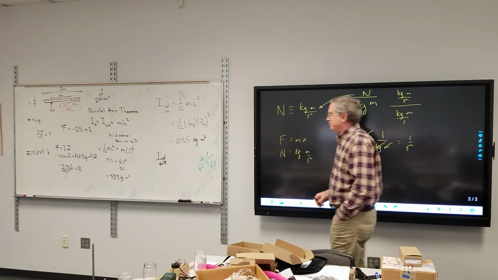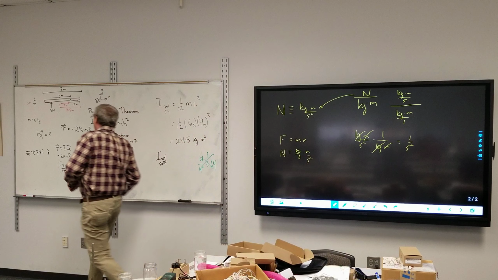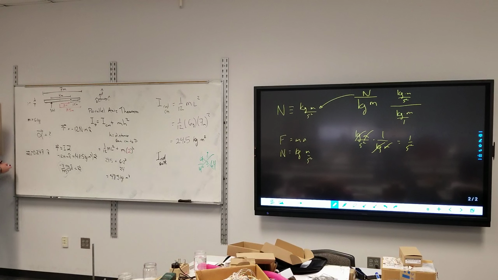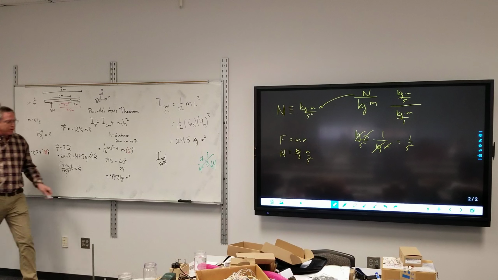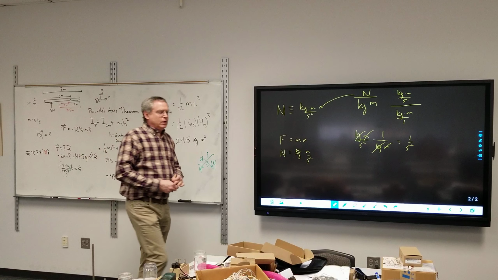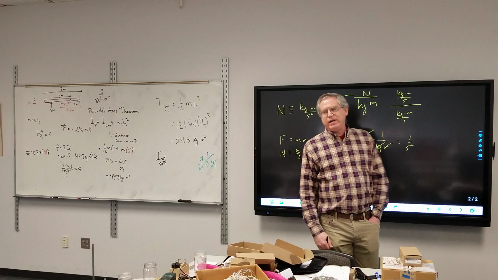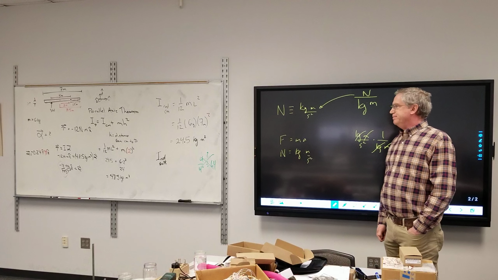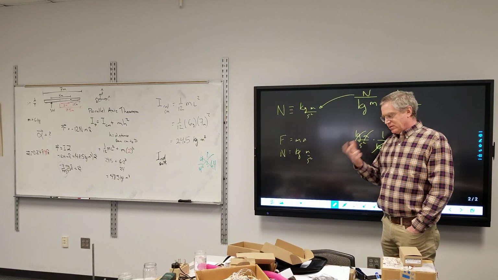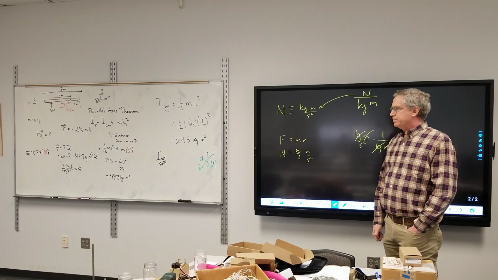Radians per second squared, yeah. Now, if you wrote 1 over second squared, it's not technically wrong. However, radians per second squared, to me, is clear communication of what's going on.